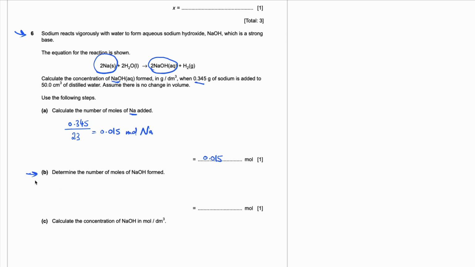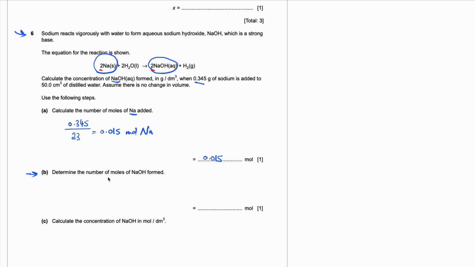The next point, determine the number of moles of sodium hydroxide formed. As you may see here, the ratio between the two substances is 2 to 2. So for each 2 moles of sodium, 2 moles of sodium hydroxide are going to be formed.